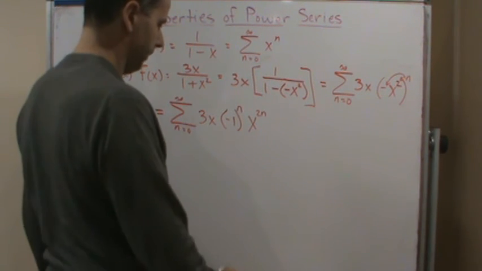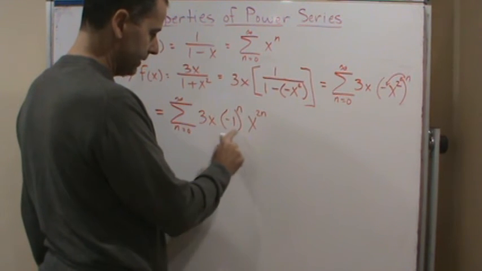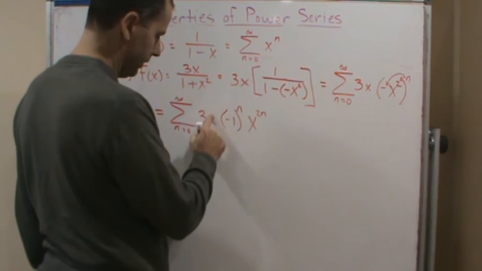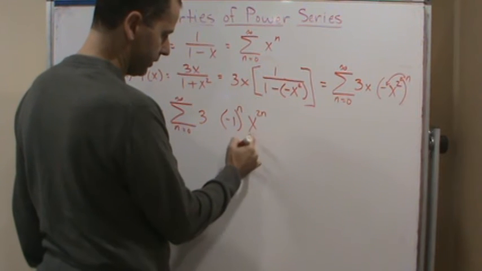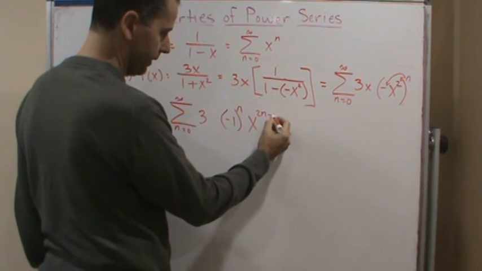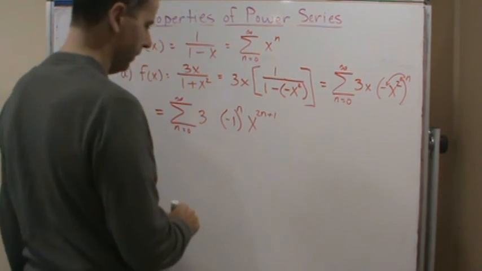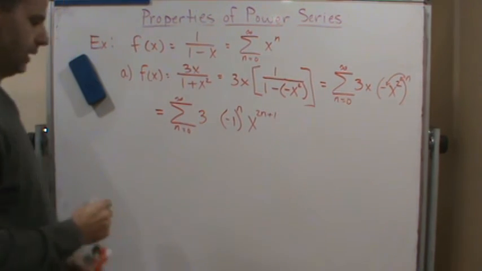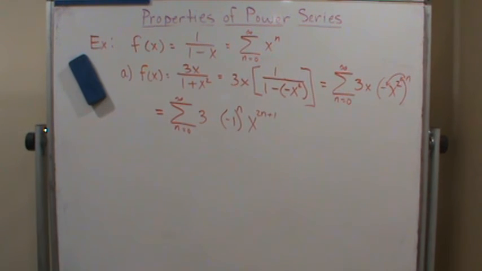And then if I combine this x with here, then this x gets absorbed, and we get 2n plus 1 here. So now this becomes our series representation.